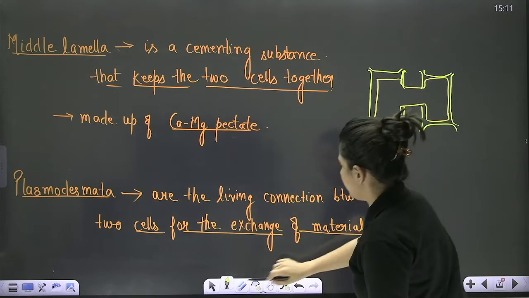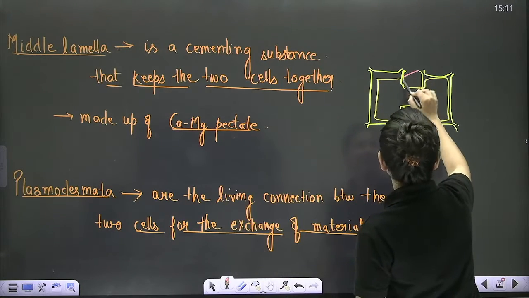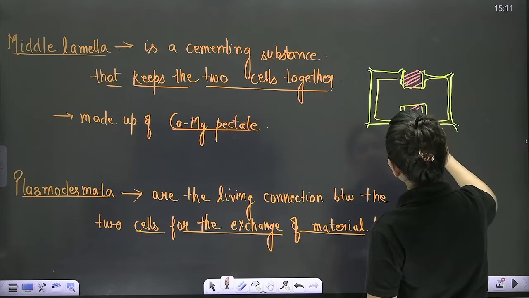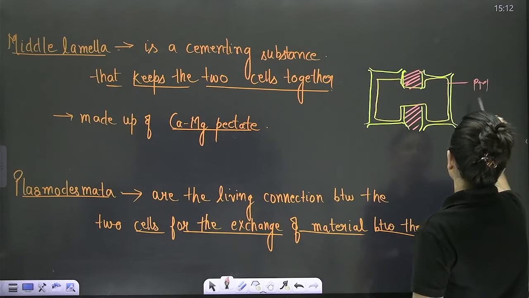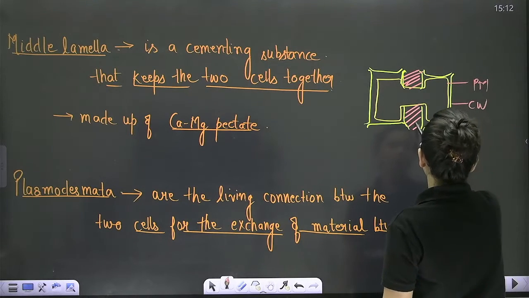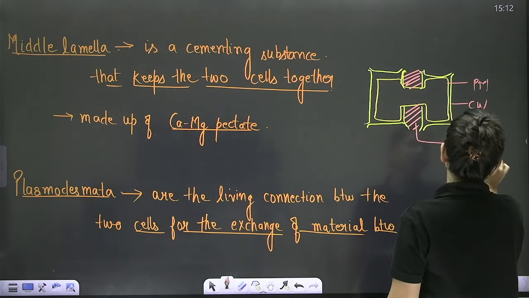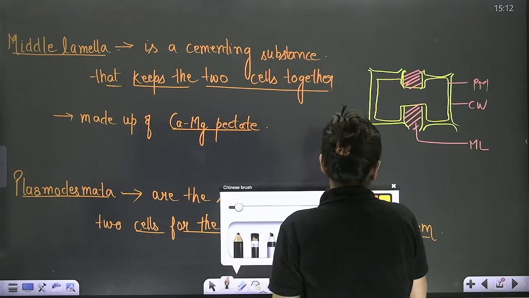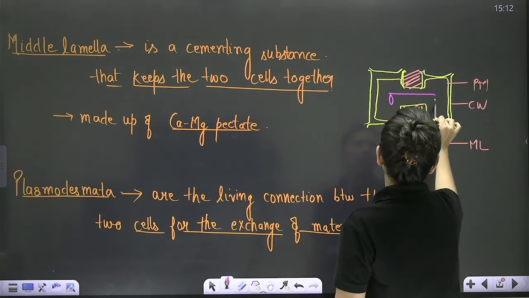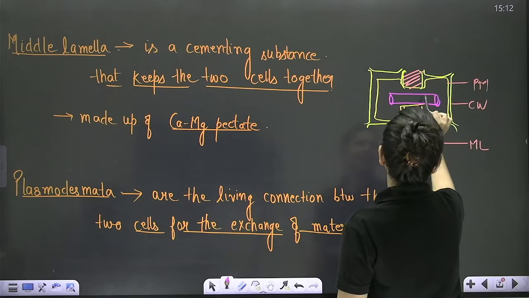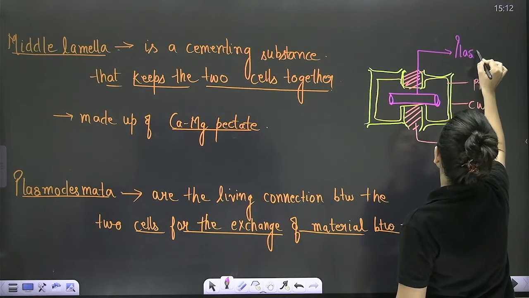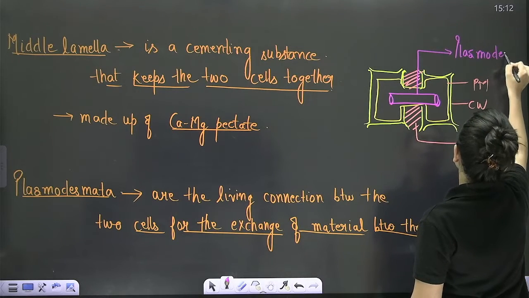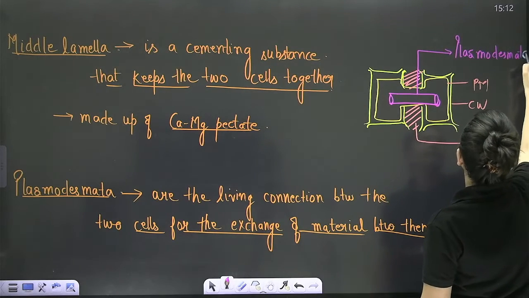And now between the two cells there is a cementing substance called middle lamella. So this is plasma membrane, cell wall, middle lamella, and now here lies your cytoplasmic connection, living connection called, yes, very good, plasmodesmata.